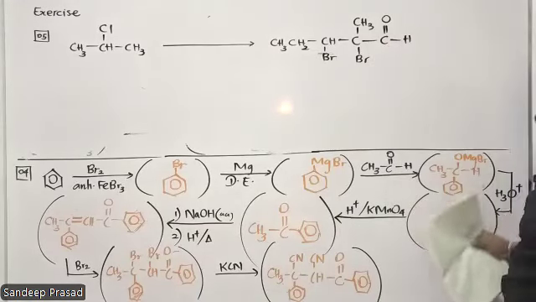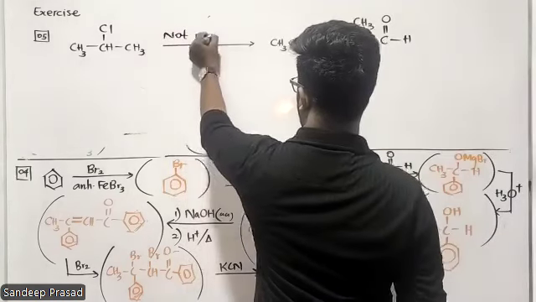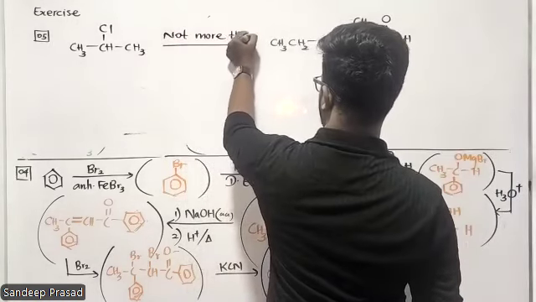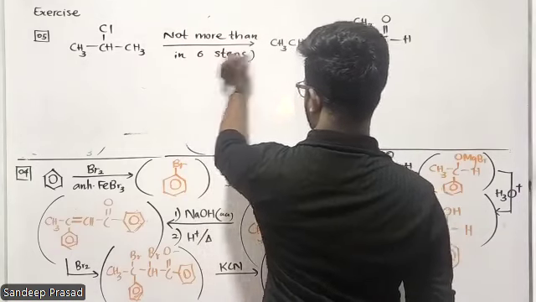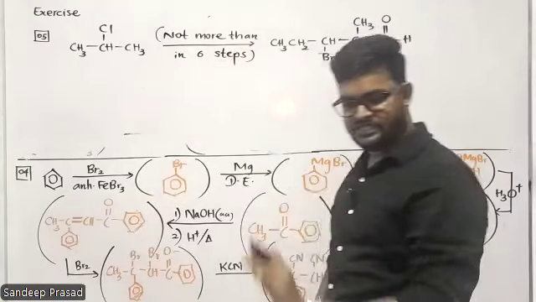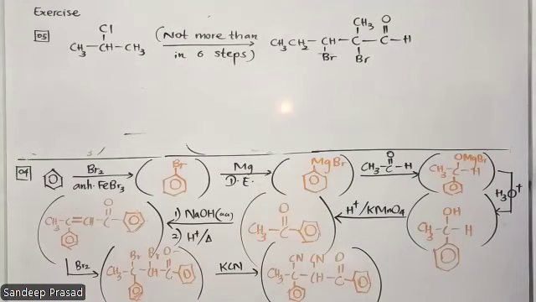C double bond OH. Not more than 6 steps. Maximum number of steps is 6. Give it a try. You can do it. Try this one.